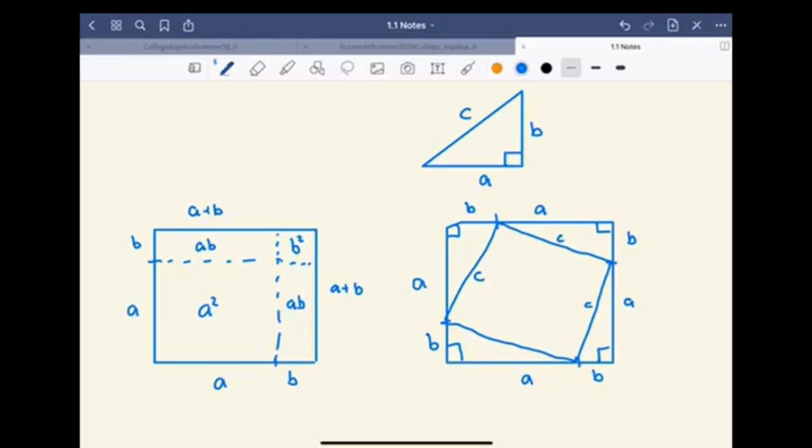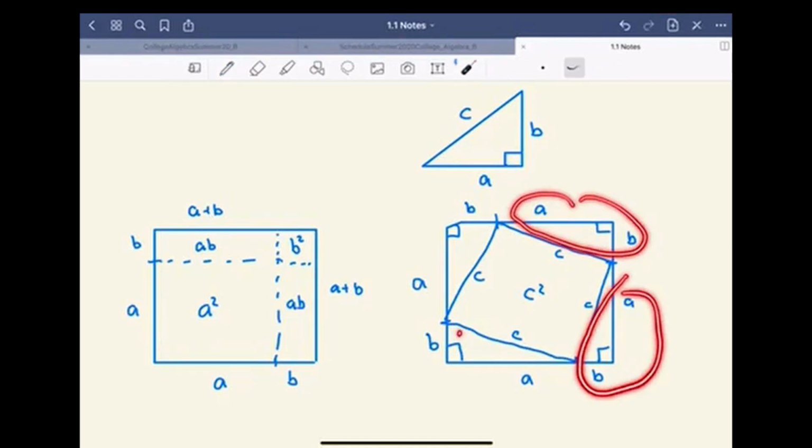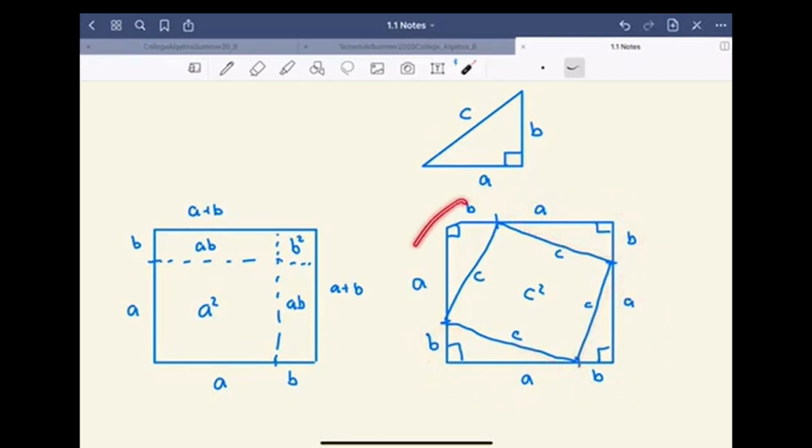This inner square has sides C. So this inner square has area C squared. Okay. All these triangles, I have 4 of them. Well, we know the area of a triangle is 1/2 AB.